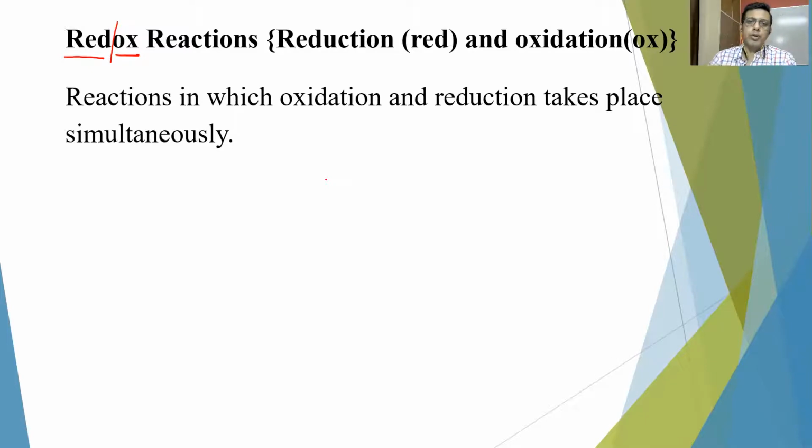But the last two concepts, oxidation number and electron density, are beyond the scope of our studies in class 10. So here we'll talk about the oxygen concept, hydrogen concept, and electronic concept only.